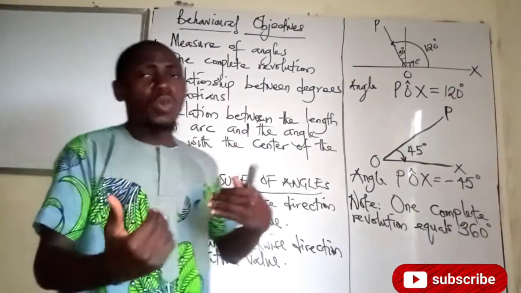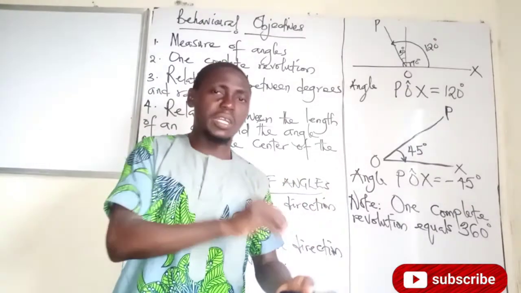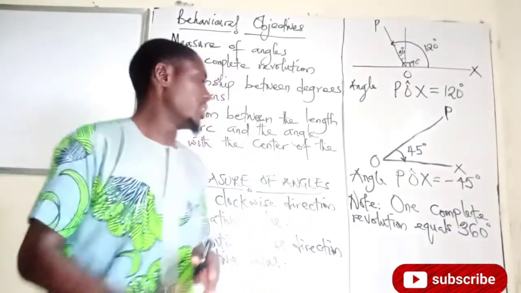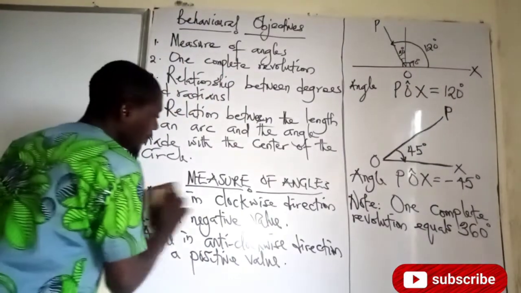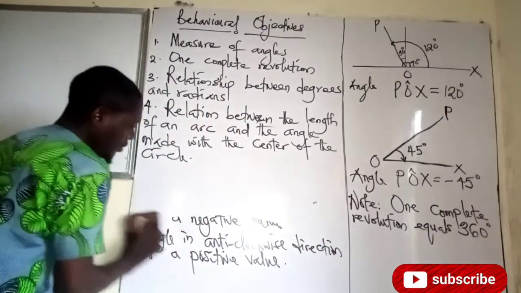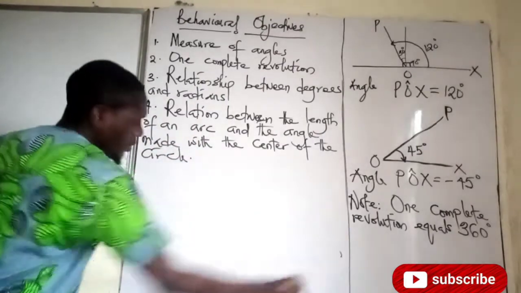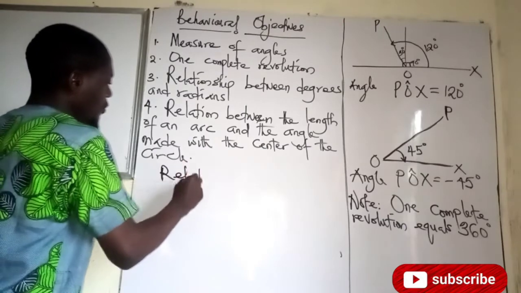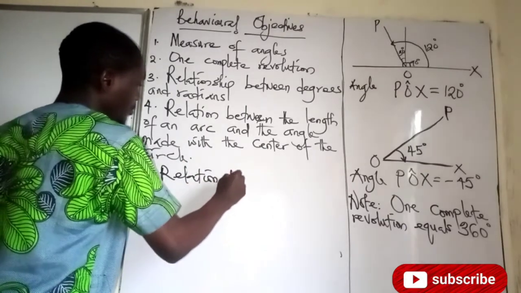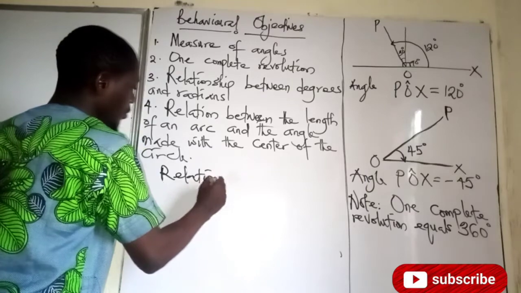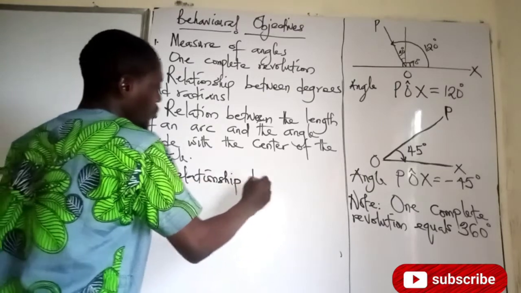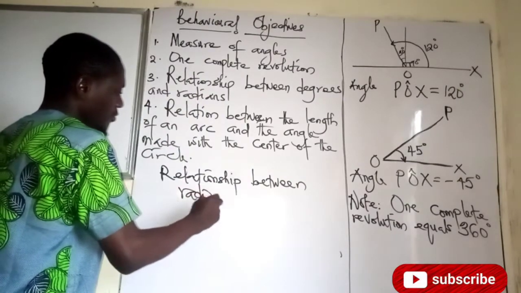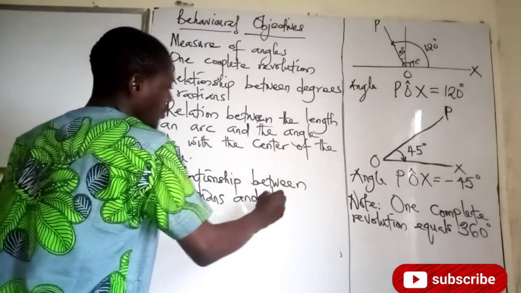So we want to look into how degrees relate with radians and how radians relate with degrees. Now, the relationship between radians and degrees.